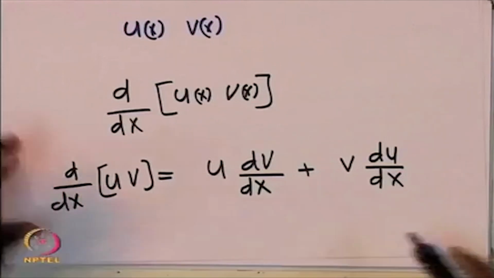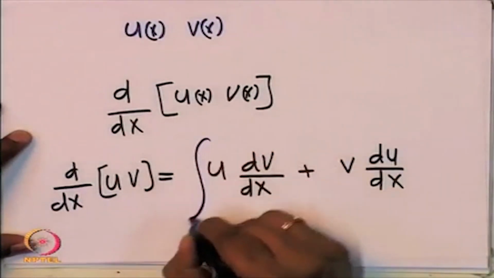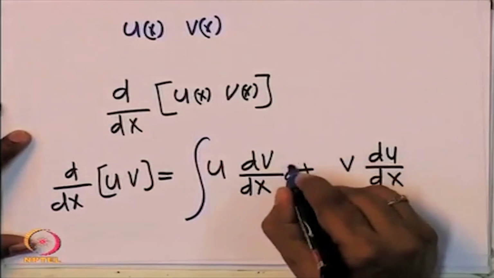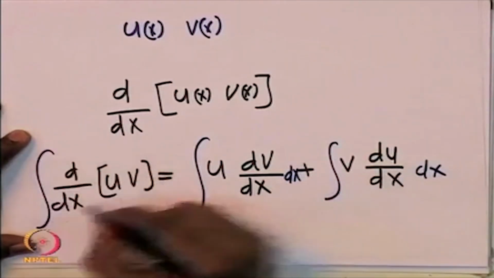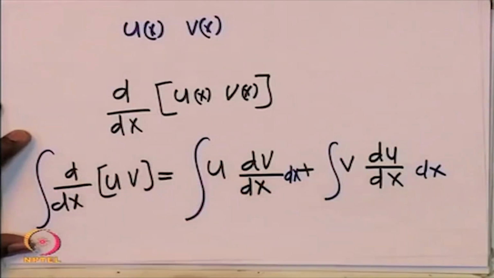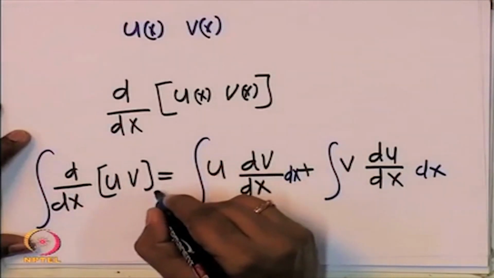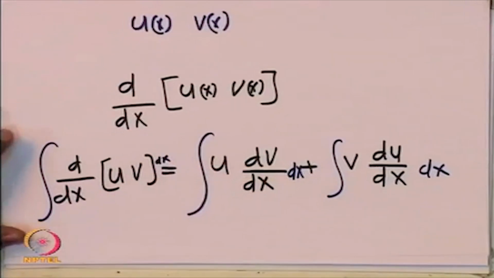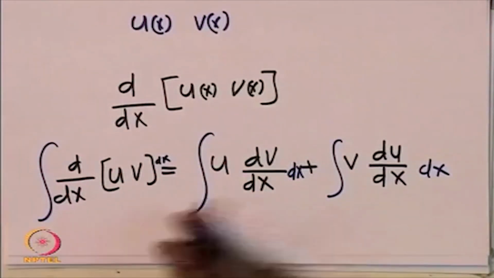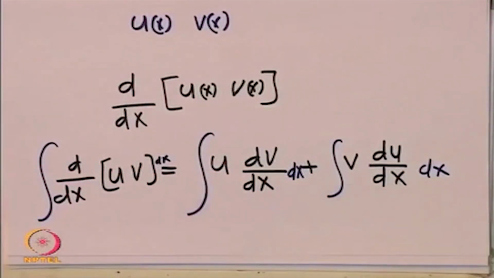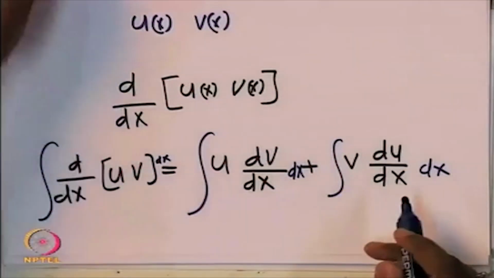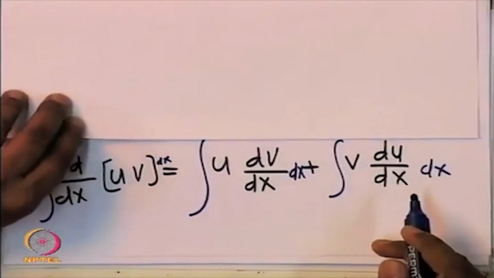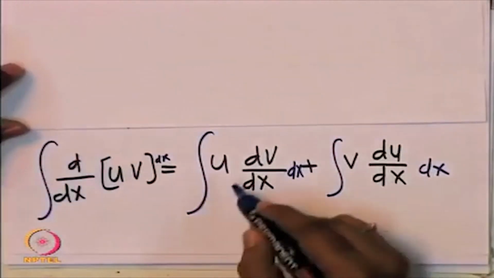Now, we can integrate this just like this. So, we can just multiply with dx and integrate all throughout and get a relation. So, what can I write? Look at here.